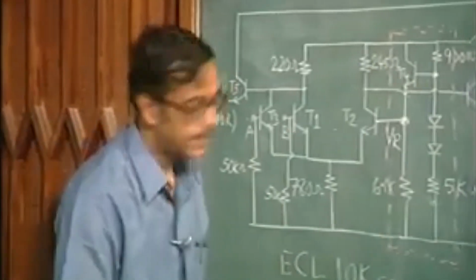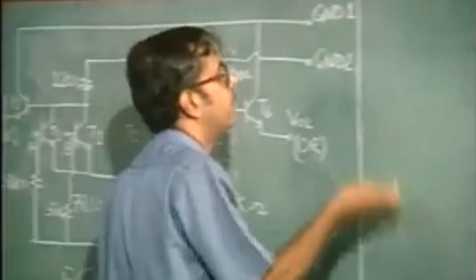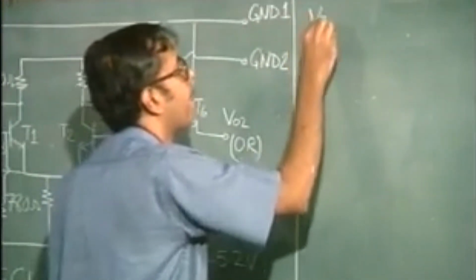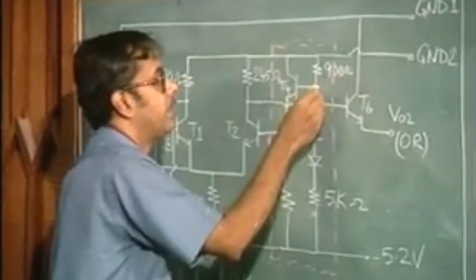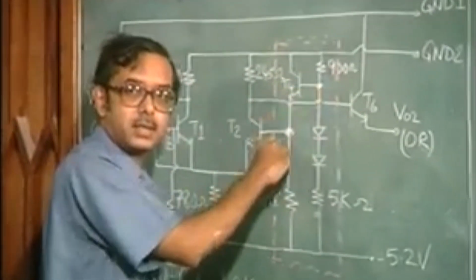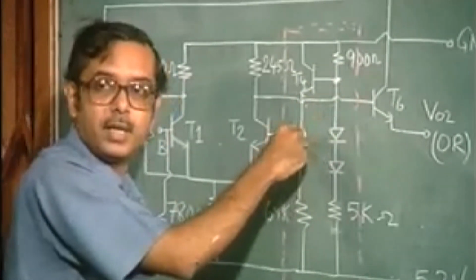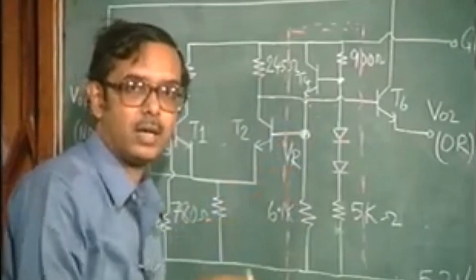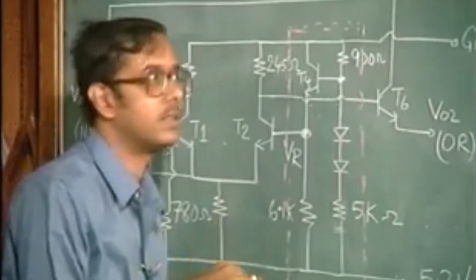VR, the reference voltage from this circuit, is the base voltage of T4 minus the VBE of T4. VBE of T4, or of any transistor here, let us call it V on.